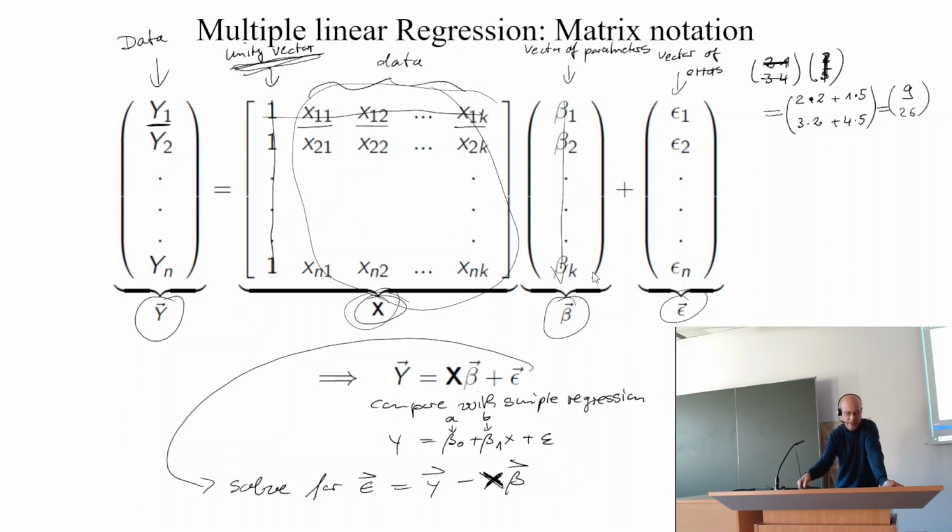We also write this as y vector equals matrix A times beta vector plus a vector of errors. And about these errors, we will start to talk today.